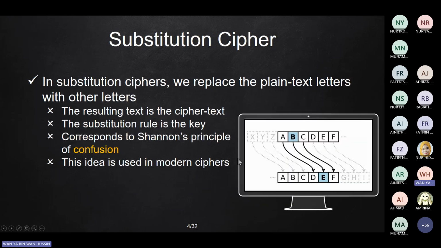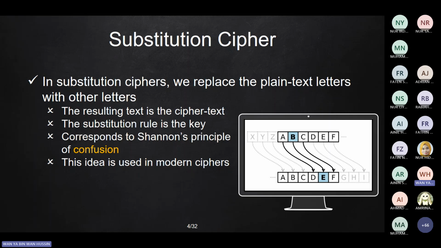So the first technique is substitution cipher. This technique will replace the plain text letters or alphabet with other alphabets.